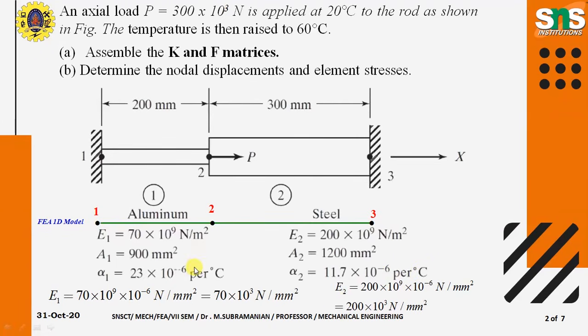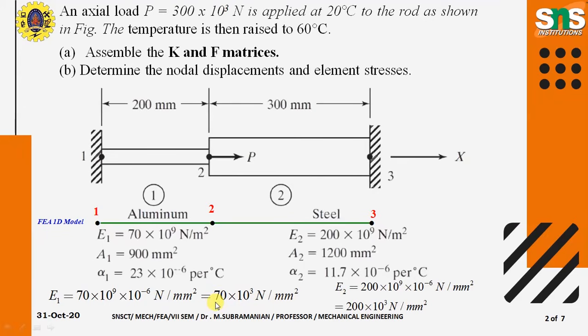As a first step, we have to convert the units uniformly throughout the problem. The length is given in millimeters, so area will also be in millimeters. So the Young's modulus we have to convert into Newton per millimeter square. The multiplication factor is 10 power minus 6. 70 into 10 power 9 into 10 power minus 6, 9 minus 6, 3.